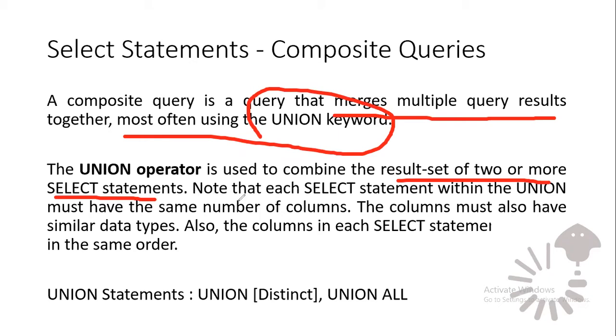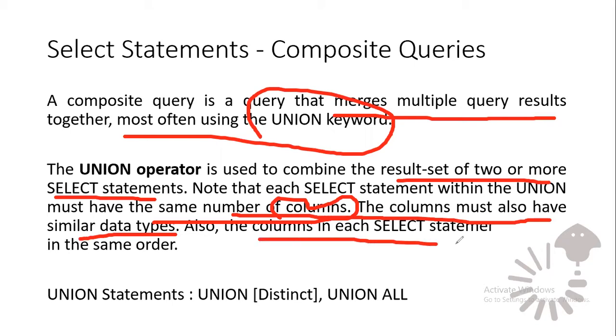Difference is each select statement within the union must have the same number of columns. Pareho yung number of columns. Kanina dun sa orders at saka person's PID, hindi pareho ng columns, hindi pareho ng field name. So dapat pareho number of fields. The fields must also have similar data types, and also fields in each select statement are in the same order.